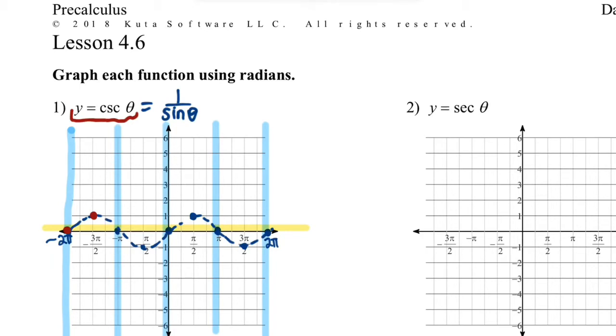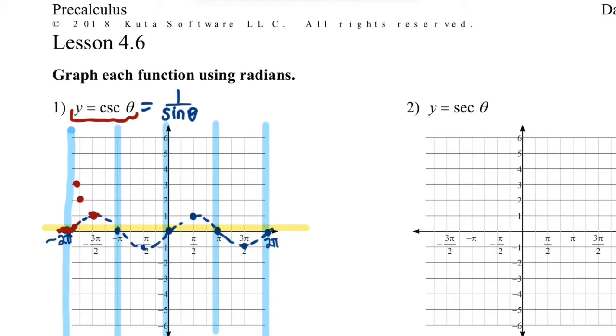Somewhere between this 0 output and this 1 output, I've got 1/2. When I get a 1/2 out for the sine function, 1 over 1/2 is 2. And somewhere between this 0 and this 1, I've got an output of maybe 1/3, and the reciprocal of 1/3 is 3 over 1.